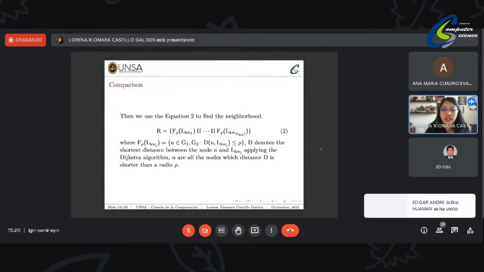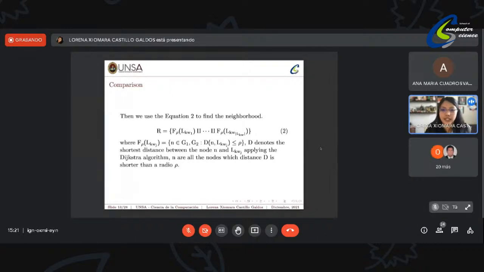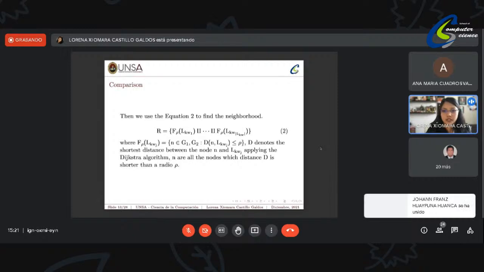And after this, we use the Dijkstra algorithm to get all of the nodes and all of the distances that will fit inside a certain radius rho, which is also passed by parameter, which means that this neighborhood will be the words that are related to the keywords. And that will bring more information about the document because it will be the keywords and it will be the words related to those keywords.